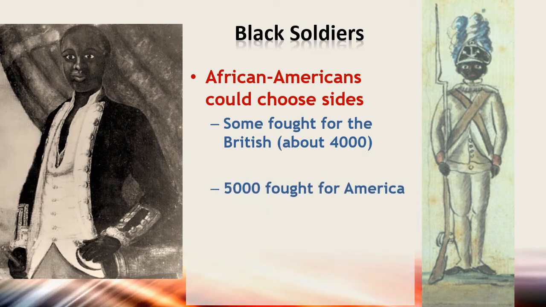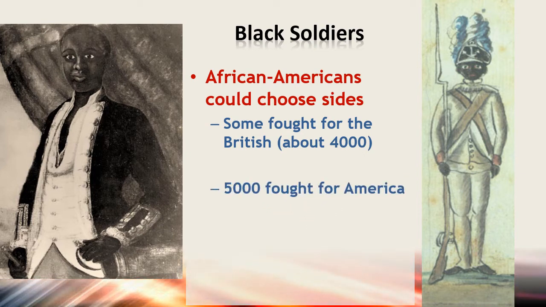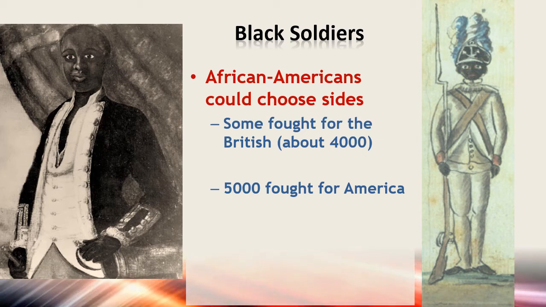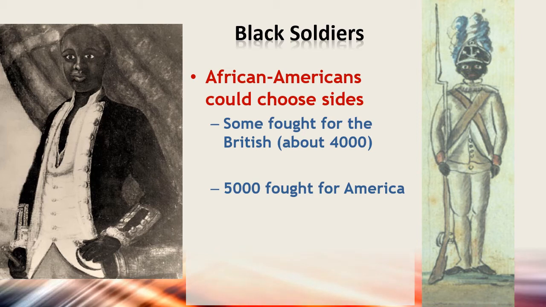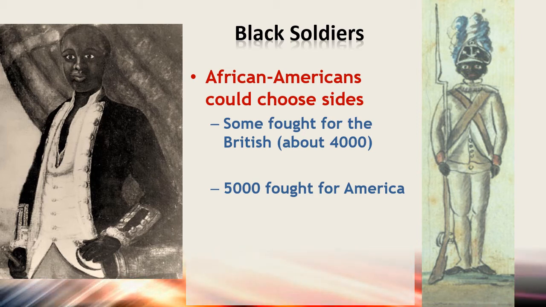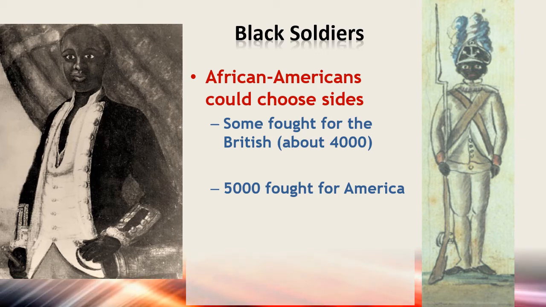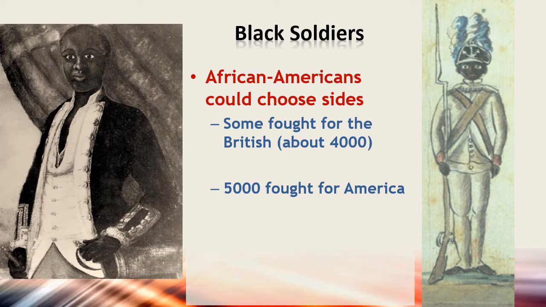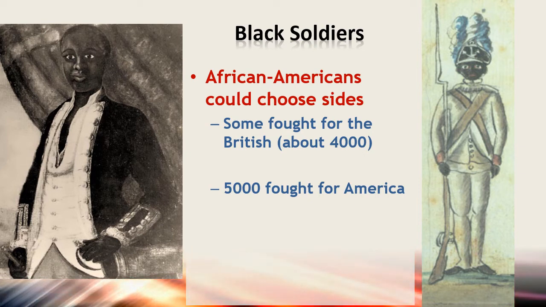About 5,000 Black soldiers fought for America, sometimes by choice and sometimes not by choice. A favorite example of mine is Ned Griffin, a Black man in North Carolina, who was used as a substitute soldier for someone else.